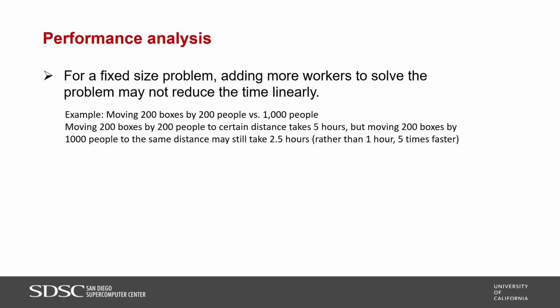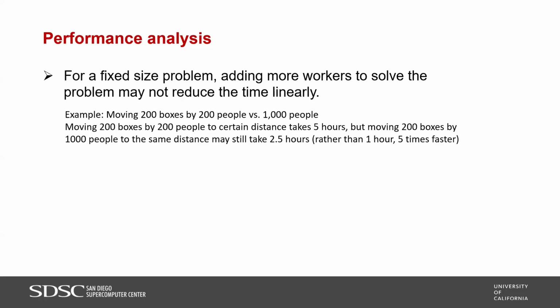And on HPC, it's very common to see that for a fixed-size problem, adding more workers, usually adding more CPU cores or threads or processes to solve the problem, may not reduce the time linearly.